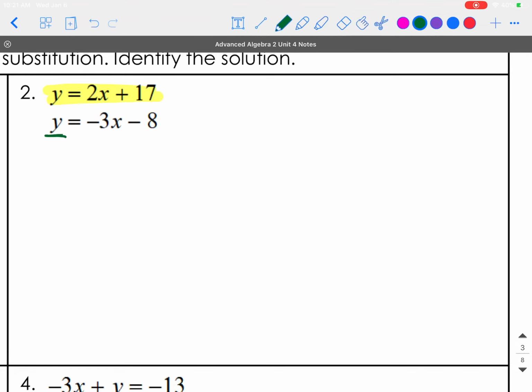So here it is. I'm going to take what's highlighted and plug it in for y. So it's going to become 2x plus 17 equals negative 3x minus 8. Then we solve. I'm going to add 3x to both sides.